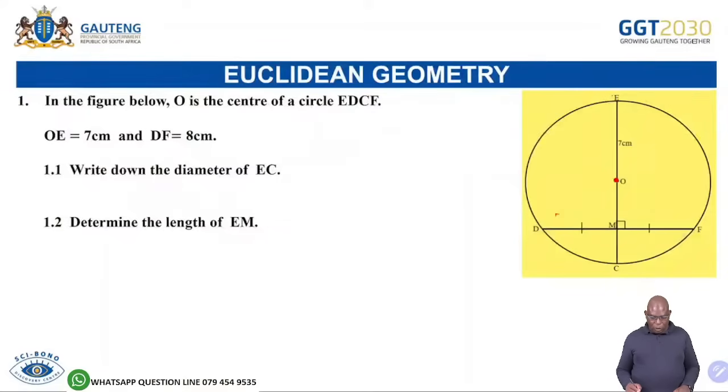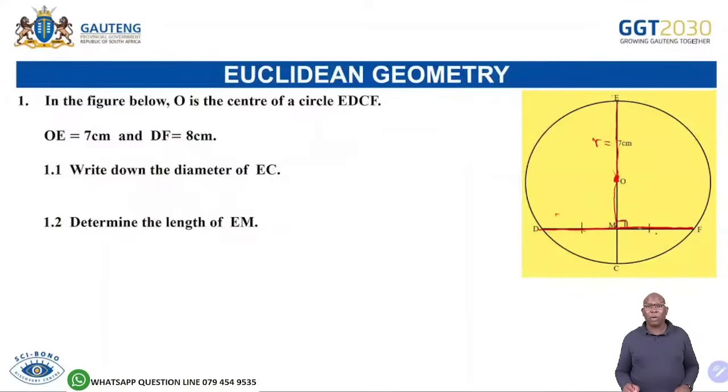EDCF, OE is 7 centimeters. So it's very important that you know that OE is a radius, so the radius is 7 centimeters. DF is 8 centimeters, the whole of DF, which means that there's a line from the center of the circle perpendicular to the chord.